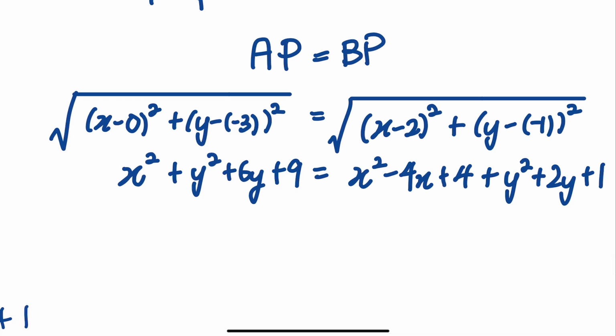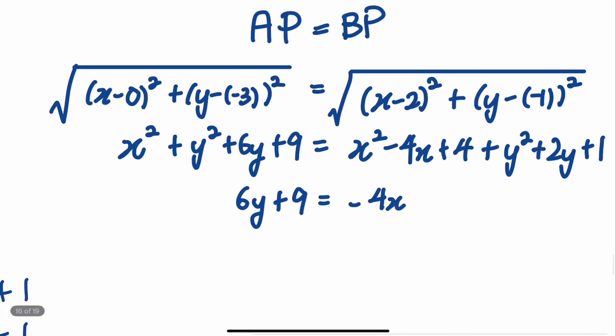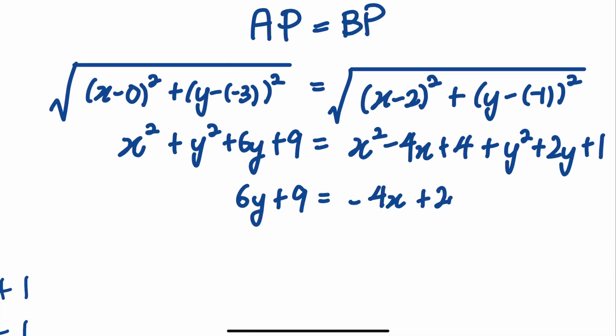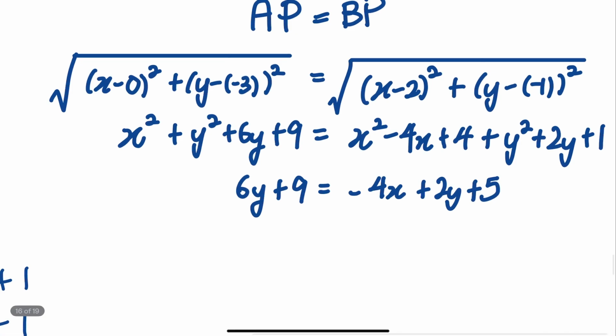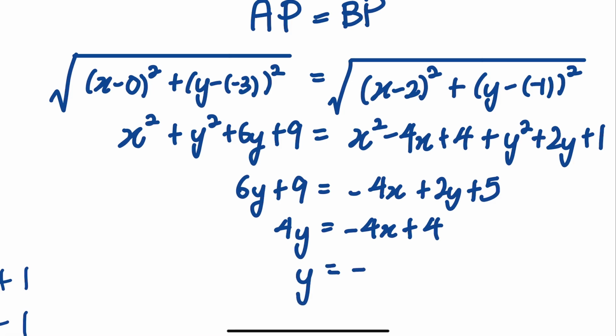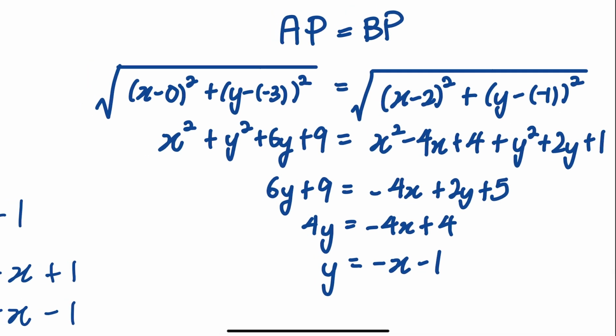What I am left with is 6y plus 9 equals negative 4x plus 2y plus 5. So I will simply get 4y equals negative 4x plus 4, y equals negative x minus 1. And with that, I have found the equation of the perpendicular bisector as well, an equation that relates the x and y coordinates of any point that lies on the line.